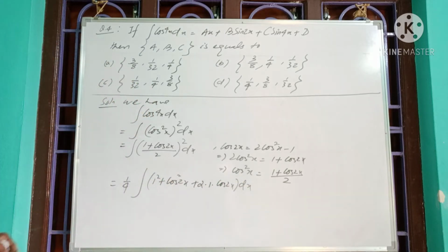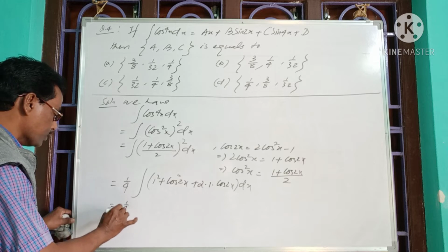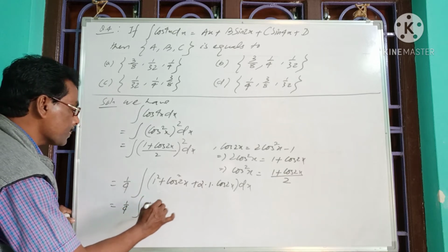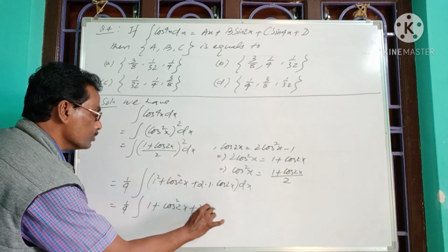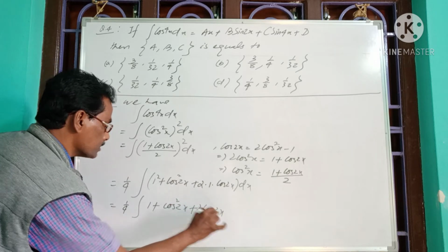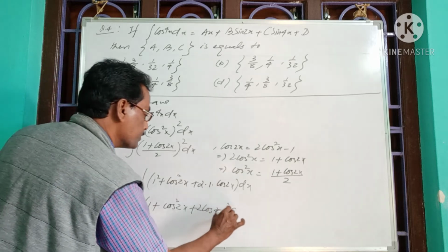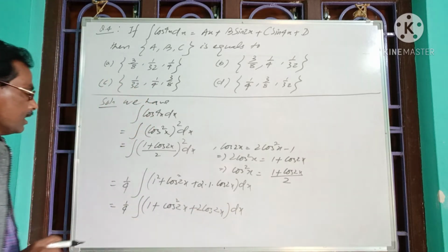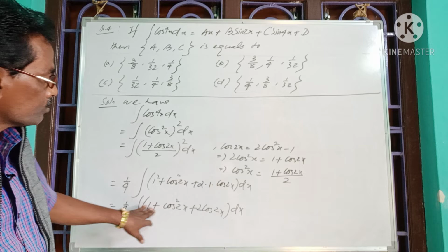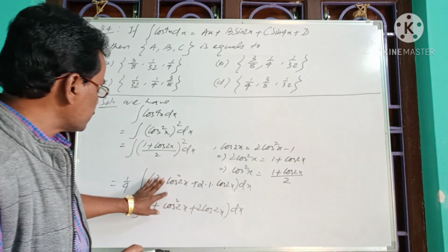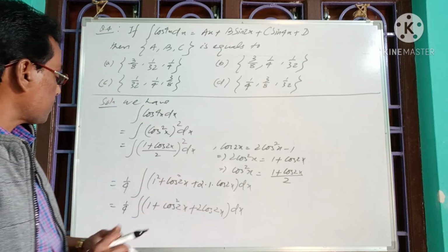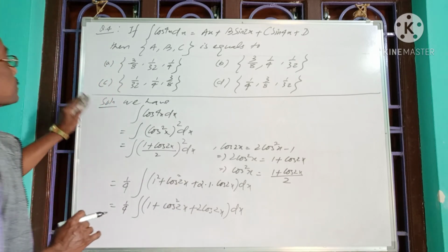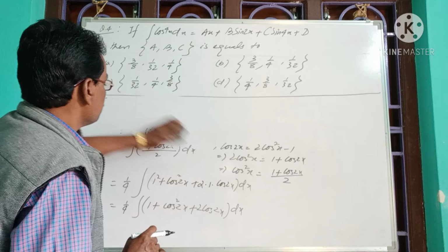So now again simplifying, we have 1 by 4 into integration of 1 plus cos square 2x plus 2 cos 2x. So now we find 3 functions for integration, out of which 1 is integrable and 2 cos 2x is integrable, but the integrand cos square 2x is not integrable. So again we have to transform cos square 2x. So let us see how we can transform it.